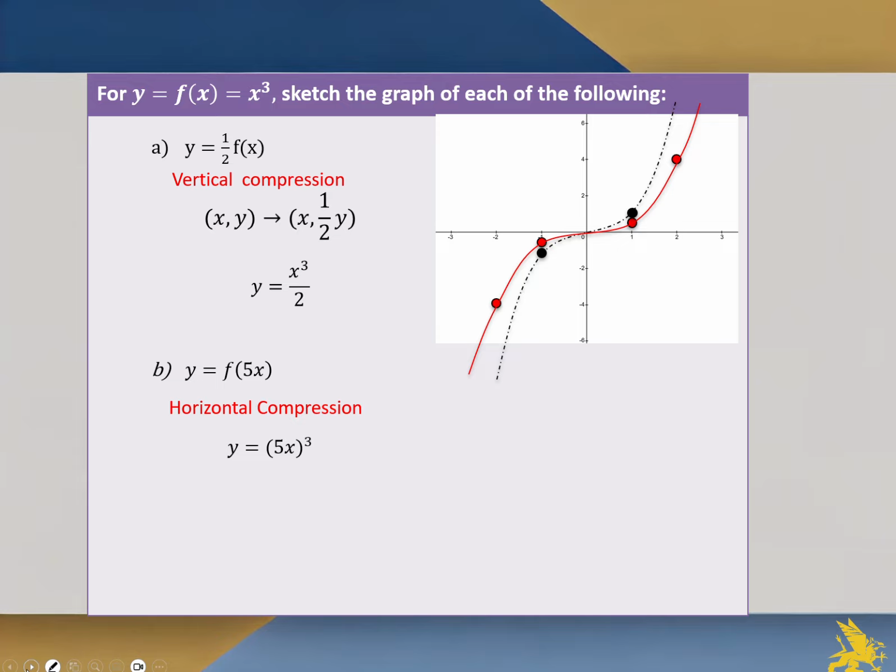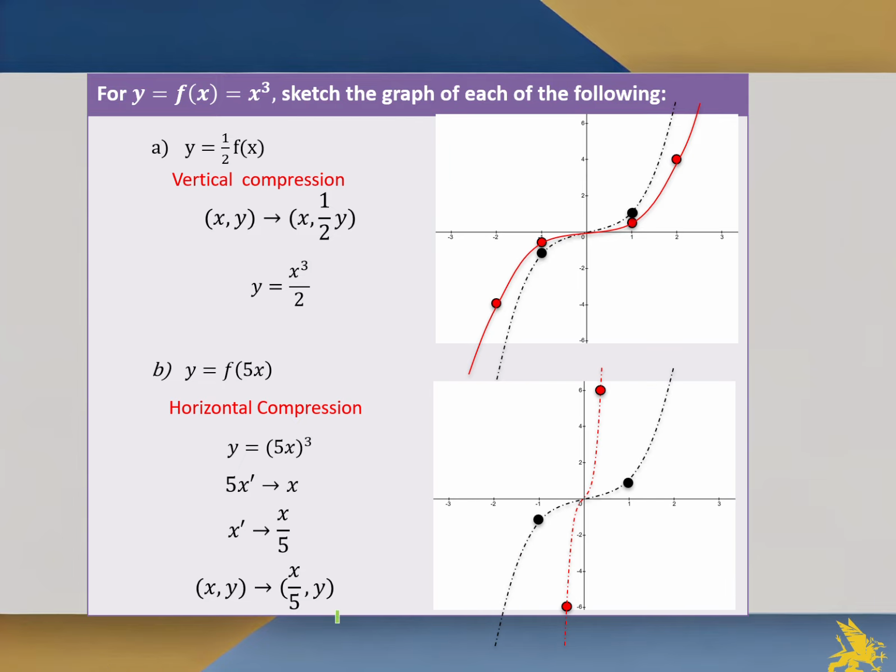Now, that also means that to get my new x by itself, I'm going to have to divide by 5, which means my new x is going to be x over 5, which is what we talked about before. So I'm just going to write that down as what is happening to it next. And the next part is I'm just going to graph it. So we can quite easily see that compression going on. It's getting closer to my y-axis.